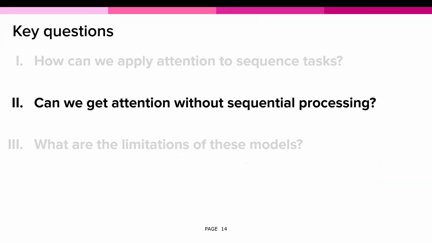So in our discussion so far, we've been focused on applying attention in recurrent neural networks. But one of the drawbacks of recurrent neural networks is that they're difficult to parallelize because the processing happens necessarily in a sequential fashion. And so is it possible to get this contextually relevant and dynamic behavior without having to use this sequential processing structure?